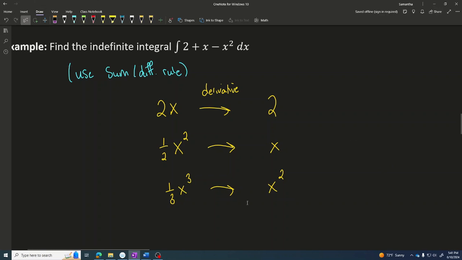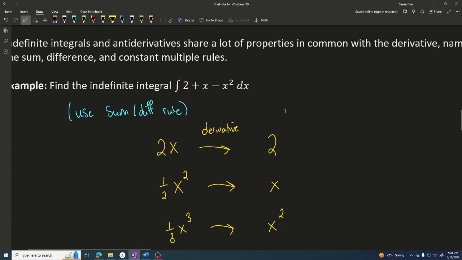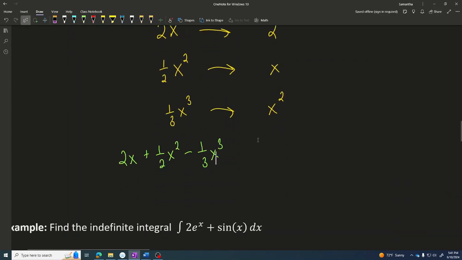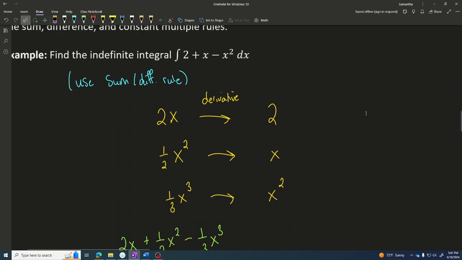And now that I've found the antiderivative of each of these three pieces of this sum slash difference, I can just put those pieces together, and I have 2x, the antiderivative of the first term, 1/2 x squared, the antiderivative of the second term, and then negative 1/3 x cubed, the antiderivative of the final term, and this combination will be an antiderivative of this function 2 plus x minus x squared.